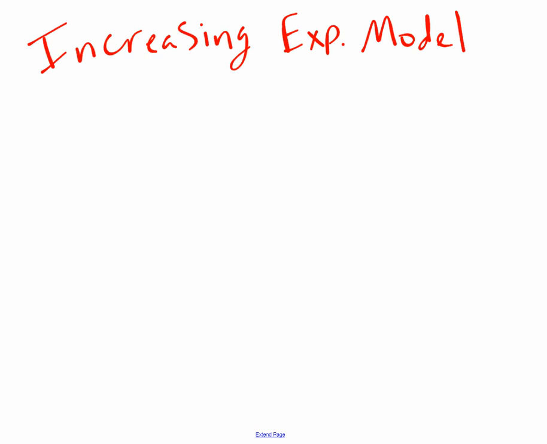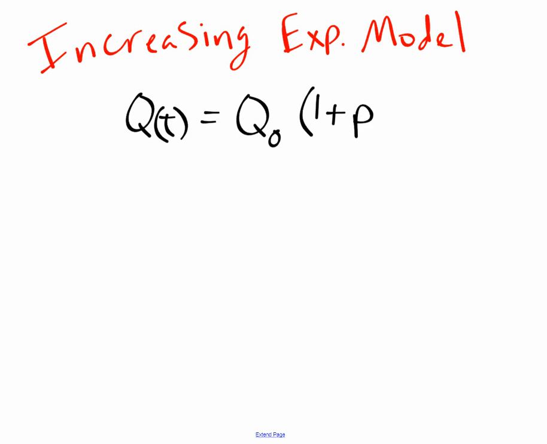And so the formula for this is Q of t equals Q naught. Those of you familiar with your science, that's Q naught, or subscript of 0, times 1 plus p to the t.